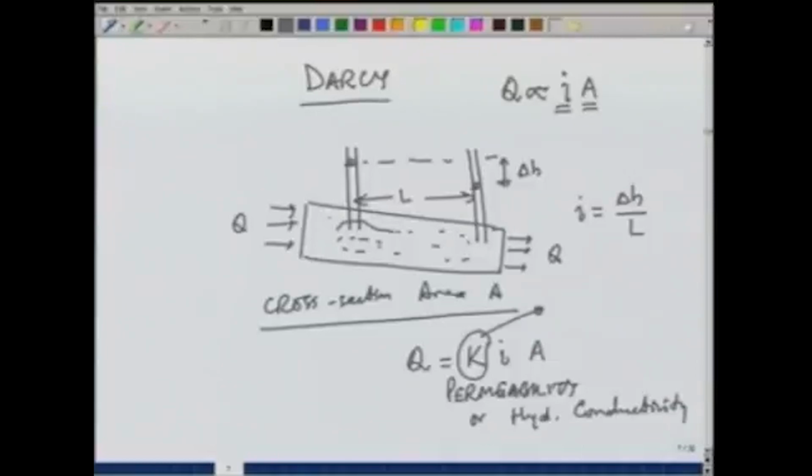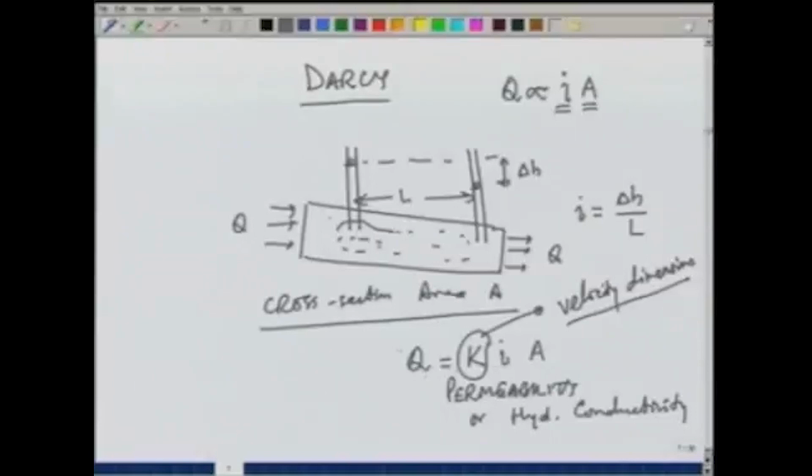So, the dimension of this k will be the same as velocity, that is meter per second or feet per second.